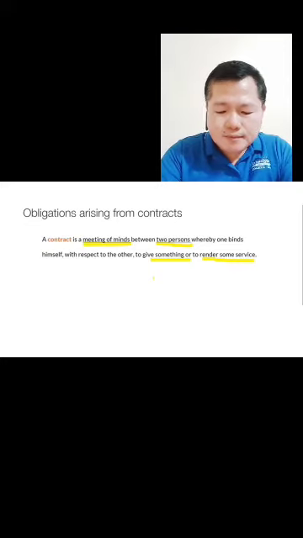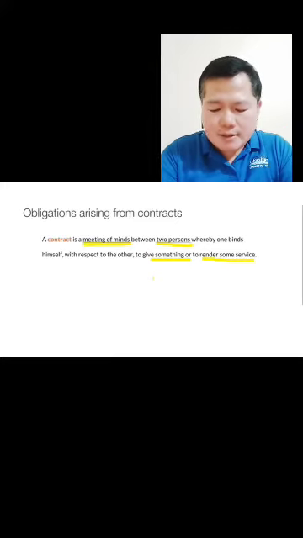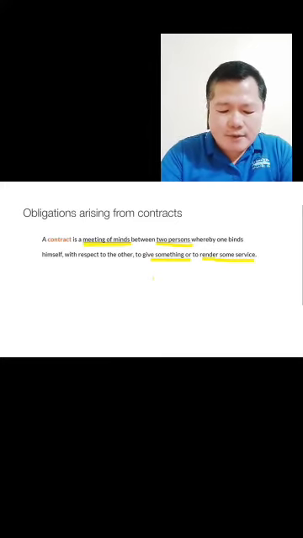A contract need not necessarily be in writing. You might think that a contract is what is signed by the persons. That is only one form of a contract, but a contract will still exist even without a written document.